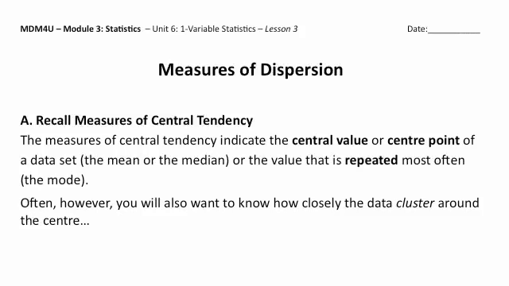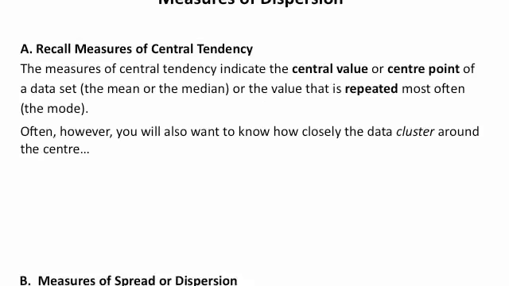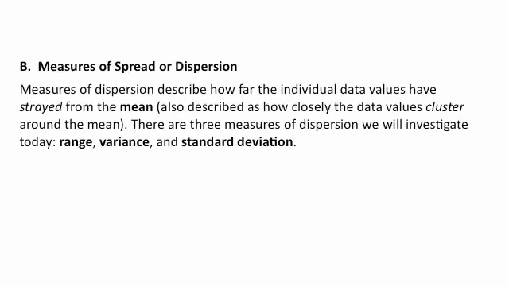But very often we want to know how closely the data cluster around the center. Okay, and these are known as the measures of spread or the dispersion of the data set. So measures of dispersion describe how far the individual data values have strayed from the mean, right?